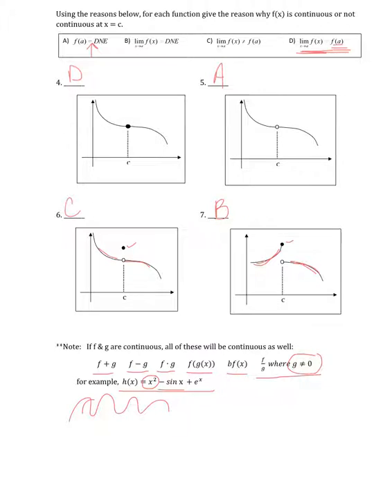Can you draw me e to the x? That's exponential, and it's doing this, so it's continuous. So the point is, if you know each piece is continuous, and all I'm doing is adding and subtracting them together, I know that h of x is continuous. I can prove to you that h of x is continuous if I need to, or I know that h of x is continuous, and I can just state that.